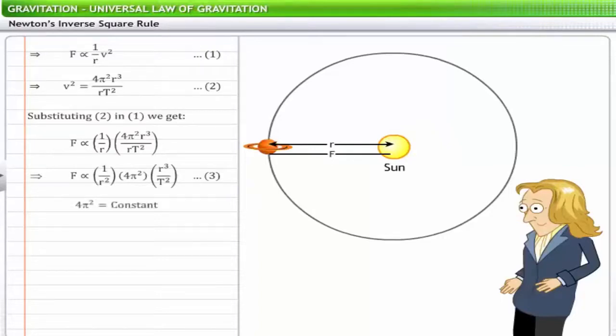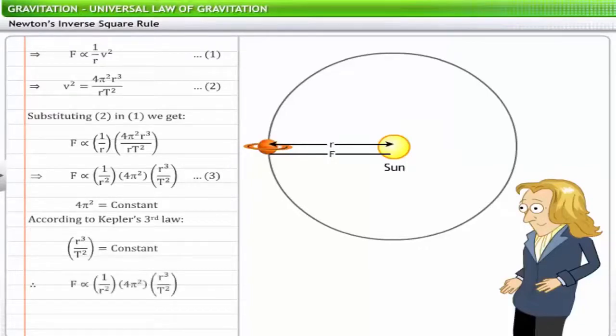According to Kepler's third law, r cube divided by T square is also constant. Therefore, we can eliminate these constants from the relationship. Eliminating the constants, we get the relationship as F proportional to 1 divided by r square.